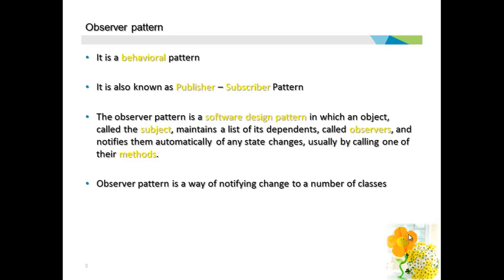Why? Because we have subscribed to them. So here also you can see the need for an observer pattern. Here also you have the publisher subscriber mechanism. Whenever there is some change in the subject, it is notified to all the observers who have registered or subscribed to know the changes that are happening in the publisher.